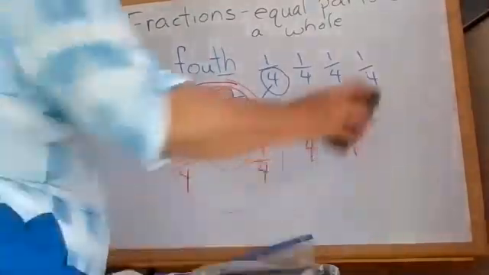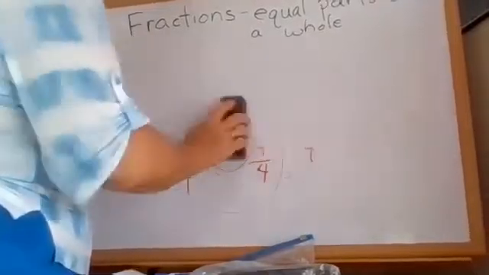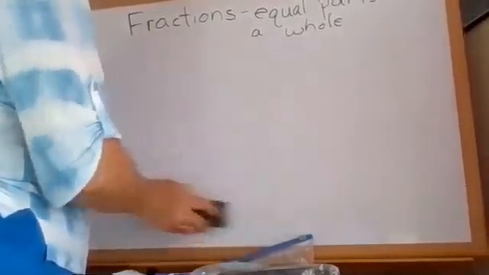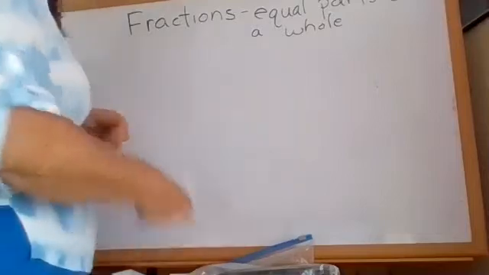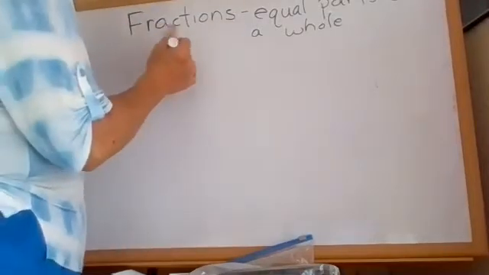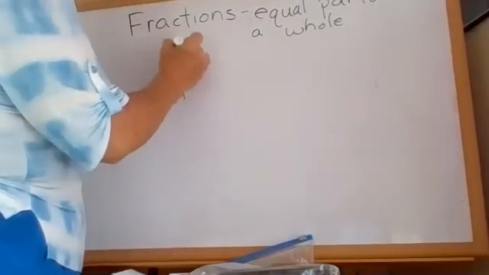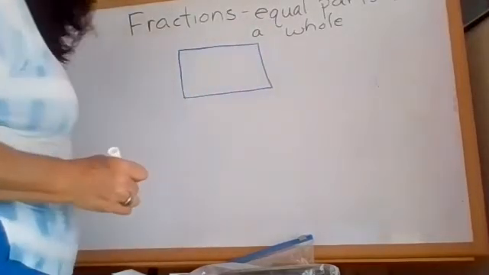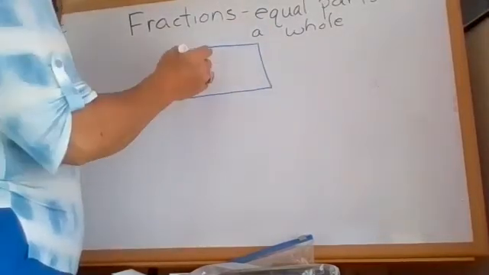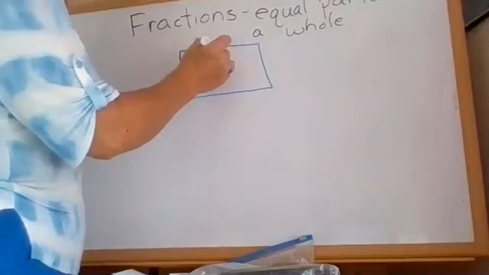Let's go ahead and look at some more examples here. I want you to have your paper out because I want you to be drawing too. Okay, this time I'm going to draw a rectangle. You see my rectangle? I want you to go ahead and divide it into two parts.